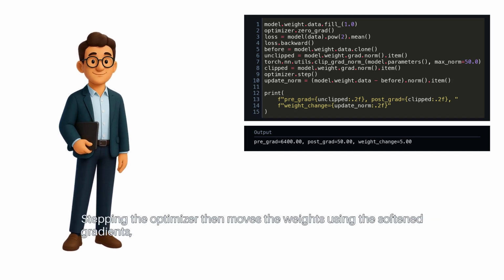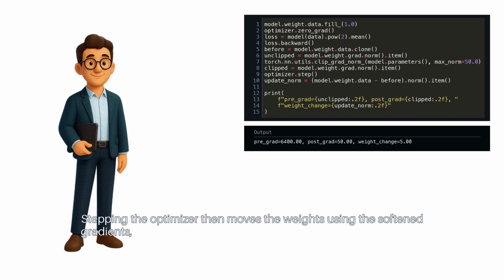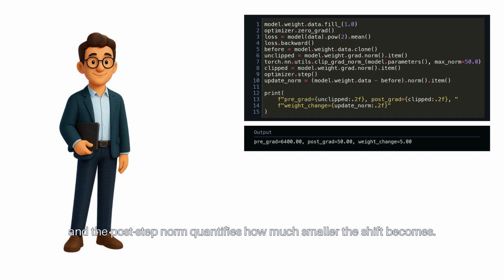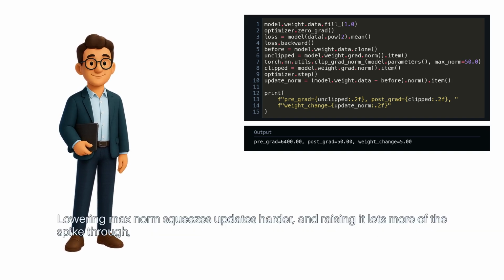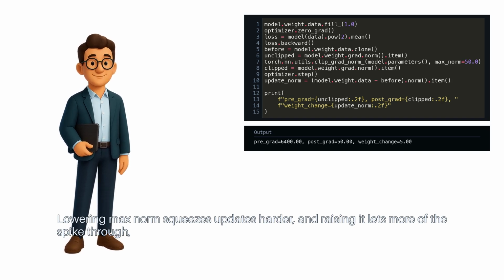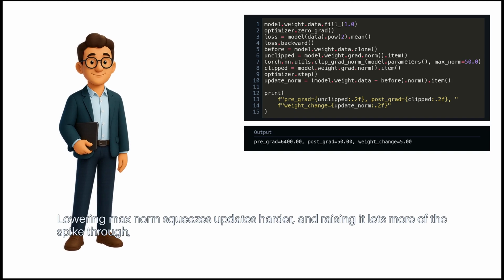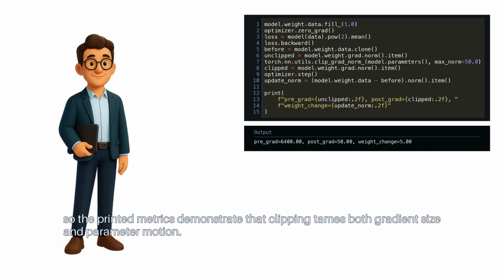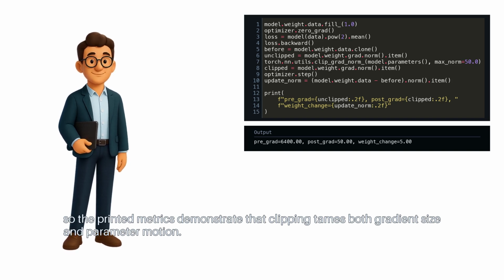Stepping the optimizer then moves the weights using the softened gradients, and the post-step norm quantifies how much smaller the shift becomes. Lowering max norm squeezes updates harder, and raising it lets more of the spike through. So the printed metrics demonstrate that clipping tames both gradient size and parameter motion.